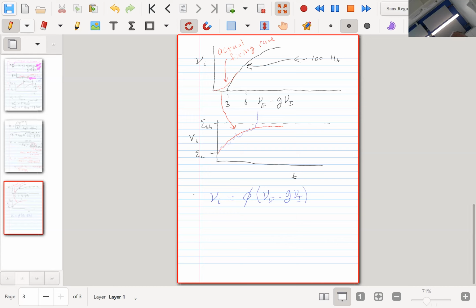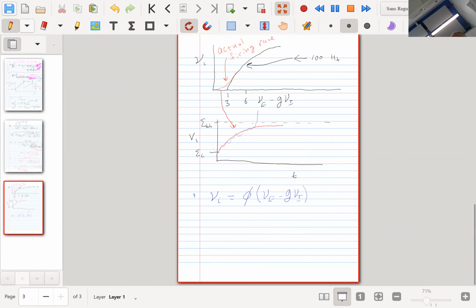We're going to write this: tau d nu I dt equals this phi minus nu I. So this is an approximation. It's just a made-up equation.